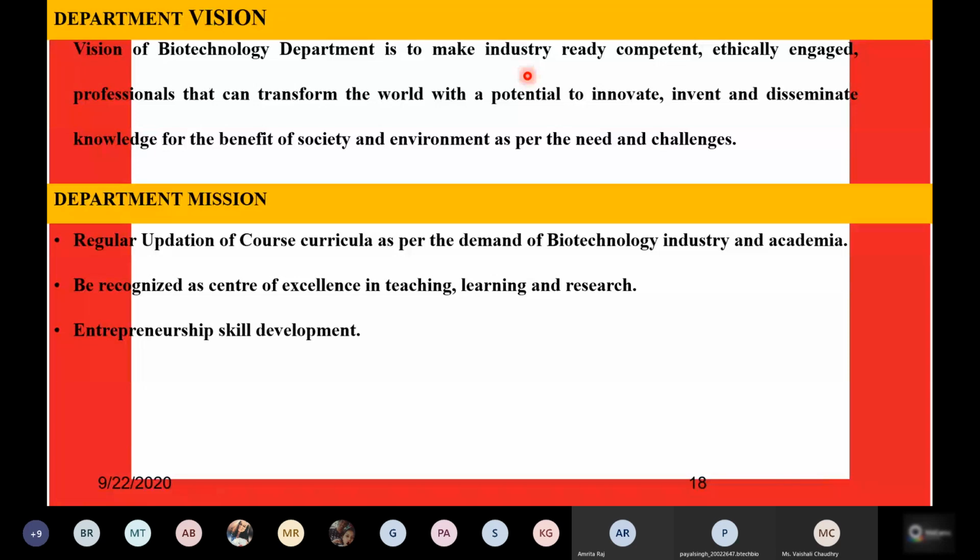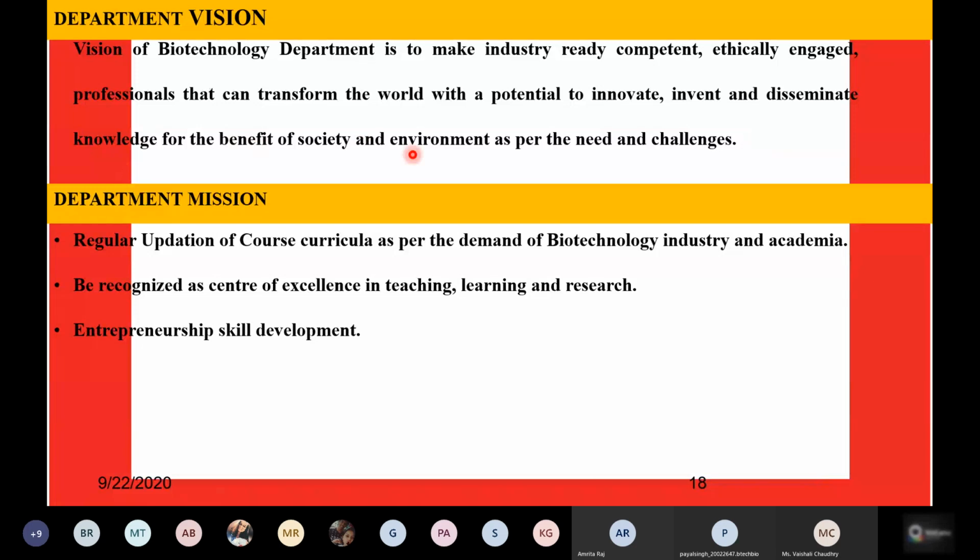So this is the platform where you make yourself industry ready, ethically engaged professionals that can transform the world with a potential to innovate, invent and disseminate knowledge for the benefit of society and environment as per the need and challenge. As per the present Modi ji government, you are very much aware of the benefit of society and environment.